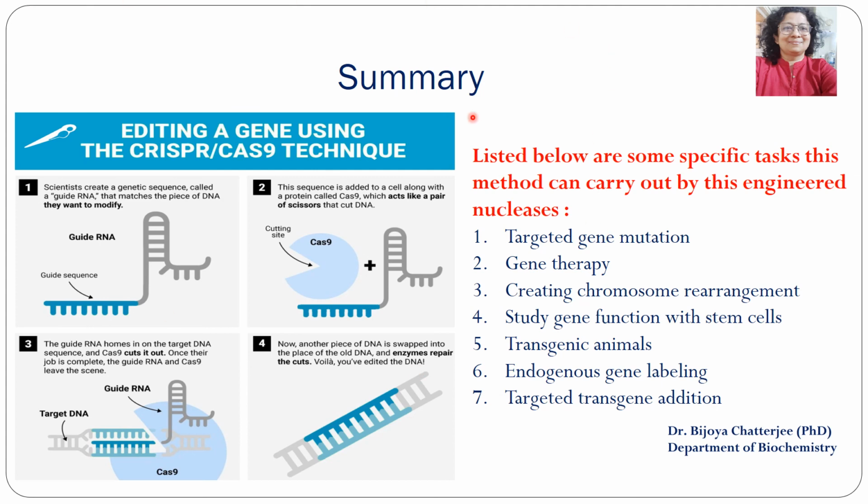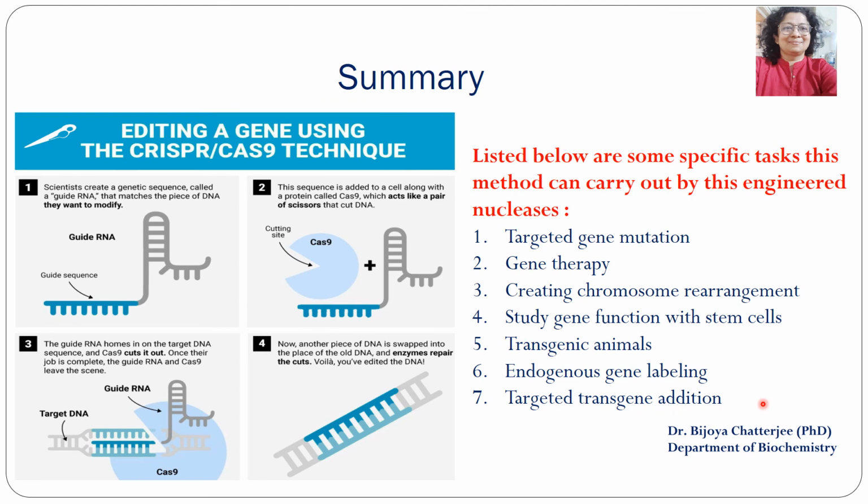Now listed below are some of the specific tasks this method can carry out by the engineered nuclease. First, targeted gene mutation, gene therapy, creating chromosome rearrangement, study gene functions within stem cells, transgenic animal studies, endogenous gene labeling, and targeted transgene addition.